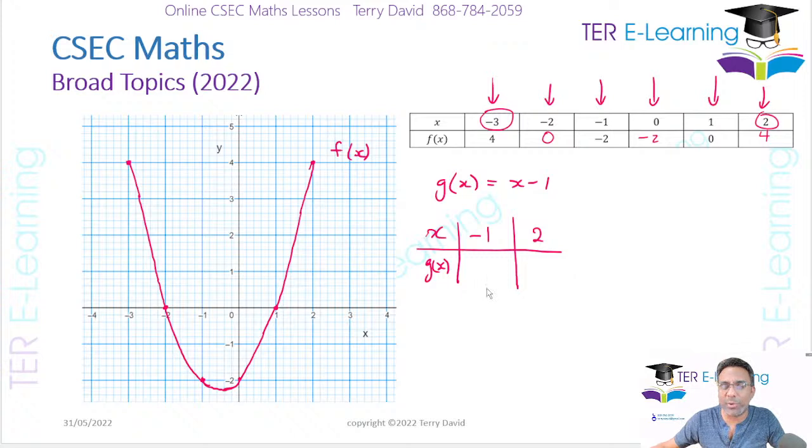So what I want from you all, I want you all to work out g of -1. What is g of -1? Work out g of -1 for me.